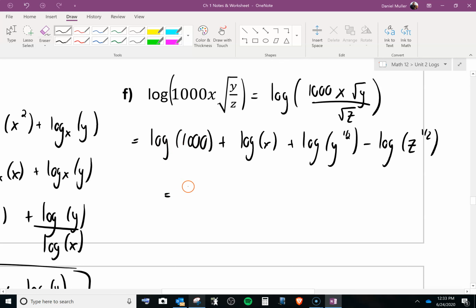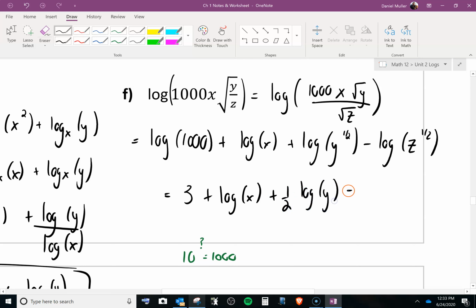Now this, I think, is just a 3, because this asks 10 to the what gets me 1,000, and the answer is 3. Plus this is a log of x, plus this is a half log of y, minus this is a half log of z.